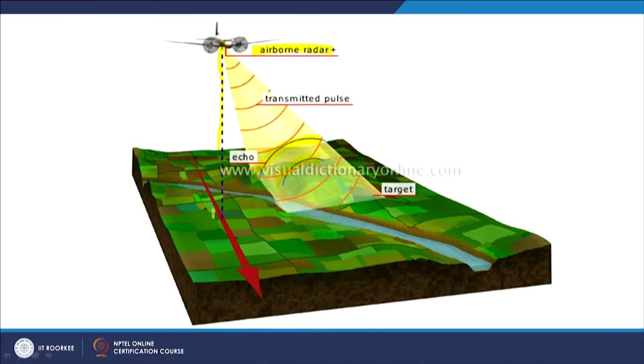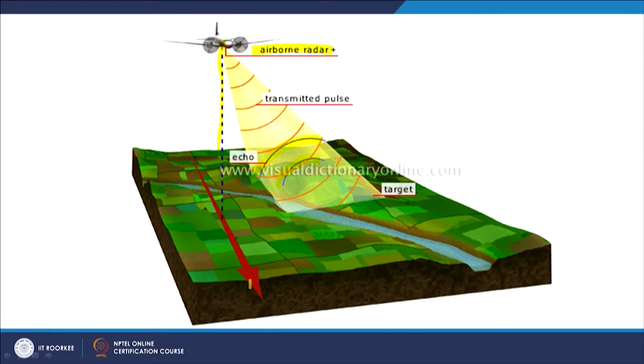This is basically the nadir height, you can say, just above the ground. This is the ground track of that aircraft or satellite, and it is looking obliquely. This one has to remember. If the sensor looks downward, it will not be able to collect the back scattering signals.